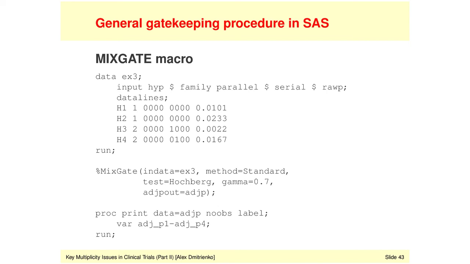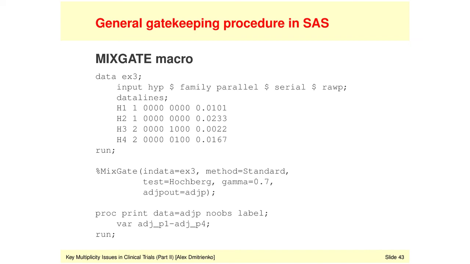The third argument is the component procedure that is applied to the first family and to the second family. In this case, we're dealing with a Hogberg-based procedure, and therefore this test argument is set to Hogberg for both families. The gamma parameter defines the truncation parameter, but only in the first family.